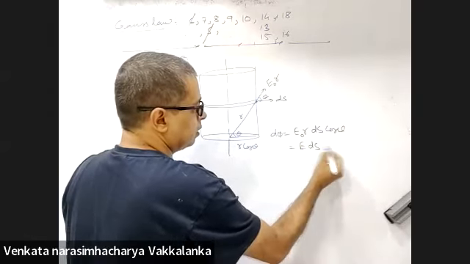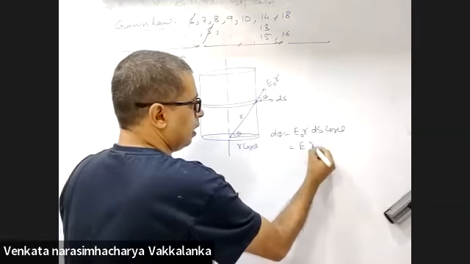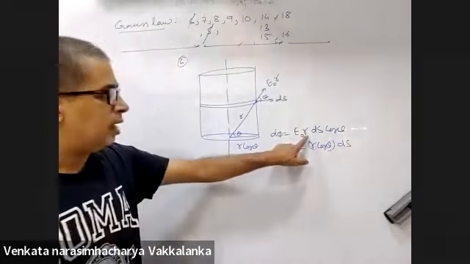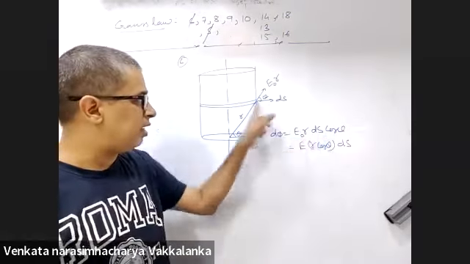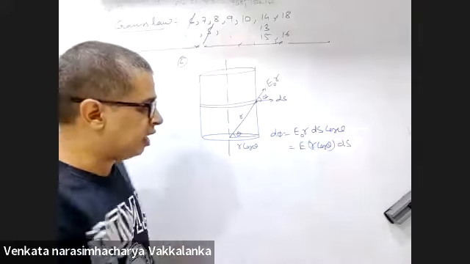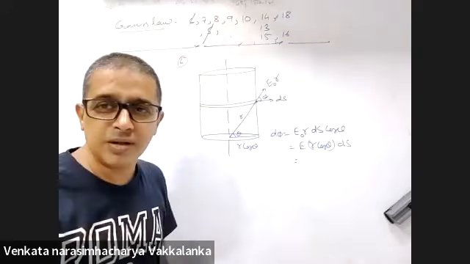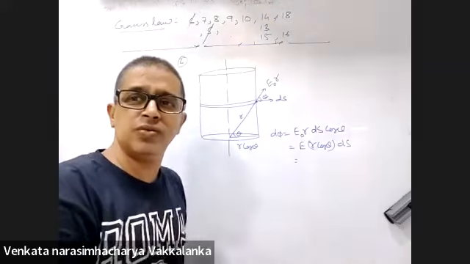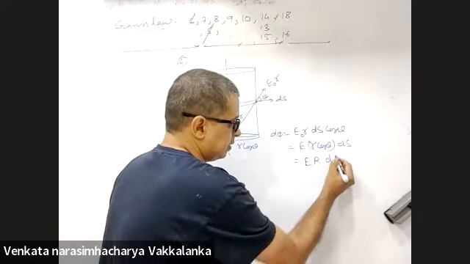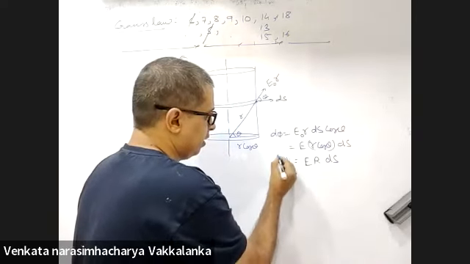E naught R cos theta into ds. What have I done? I took the field, I took the area ds into cos theta. Now R cos theta, I put it in one bracket for quite obvious reasons. Right? E capital R ds d phi.